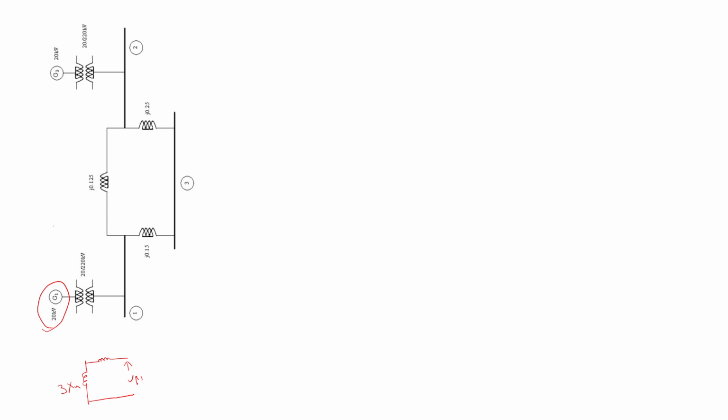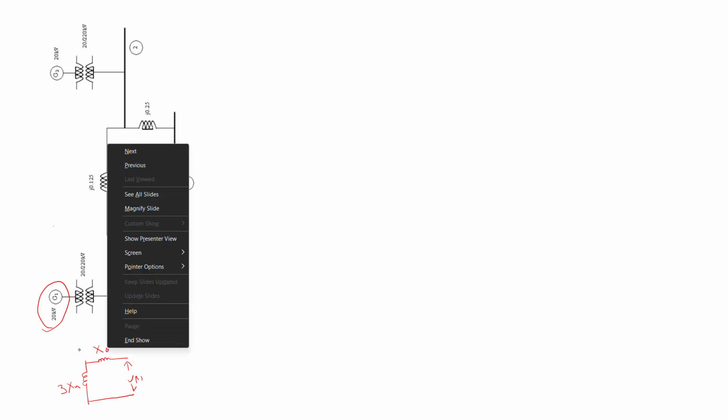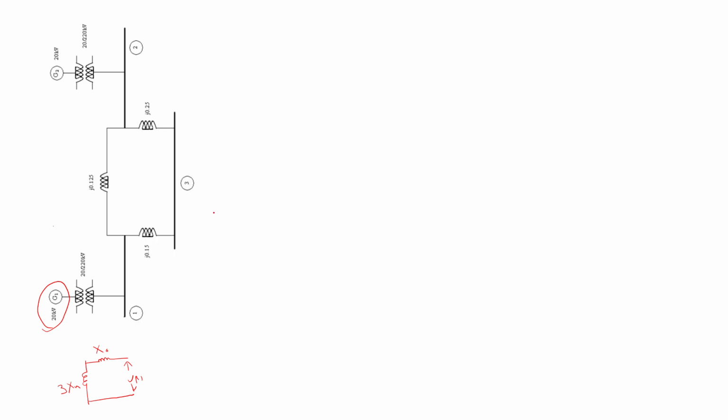So here it is AR1, and here it is X0. This is the X0. This is 3x. For suppose if fault impedance is given, what we need to do, we need to add to the zero sequence 3z.